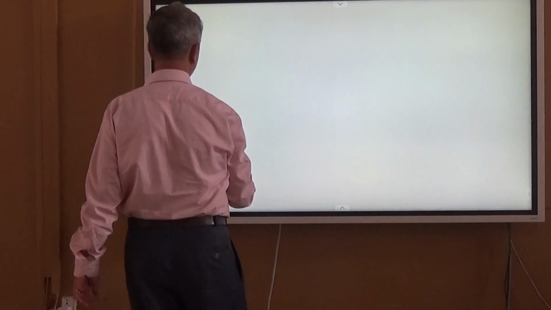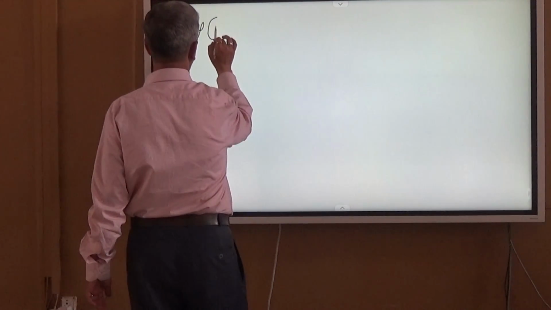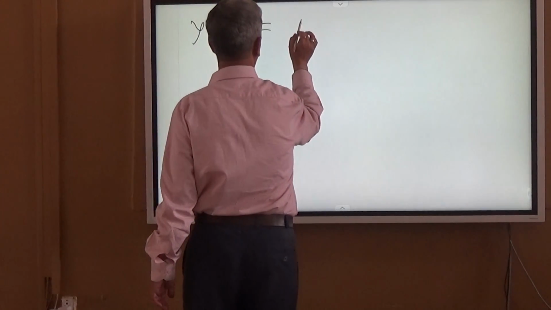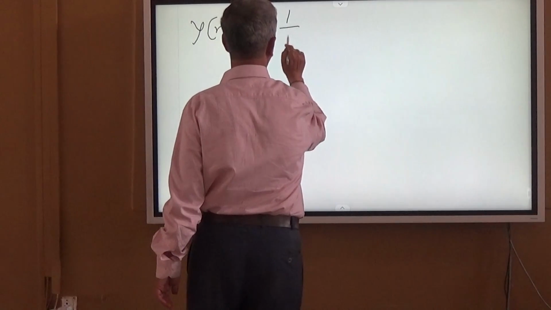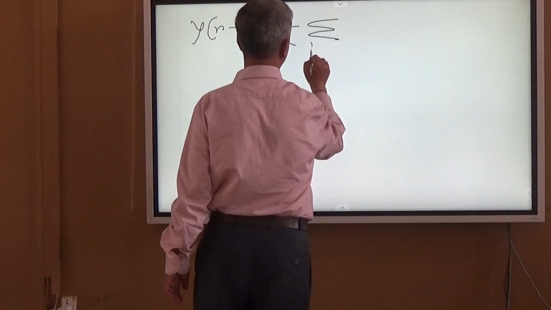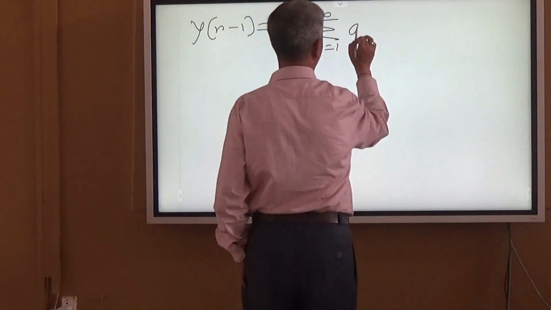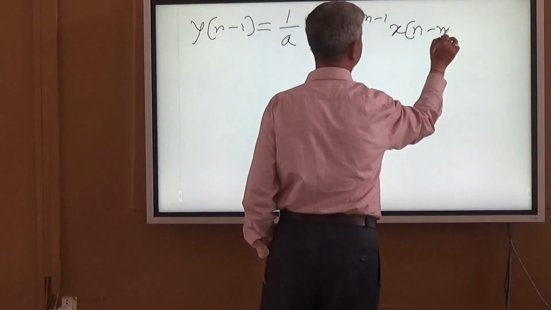So what I get is that y of n minus 1 is equal to 1 upon a, summation m equal to 1 to infinity a raised to m minus 1 x of n minus m.